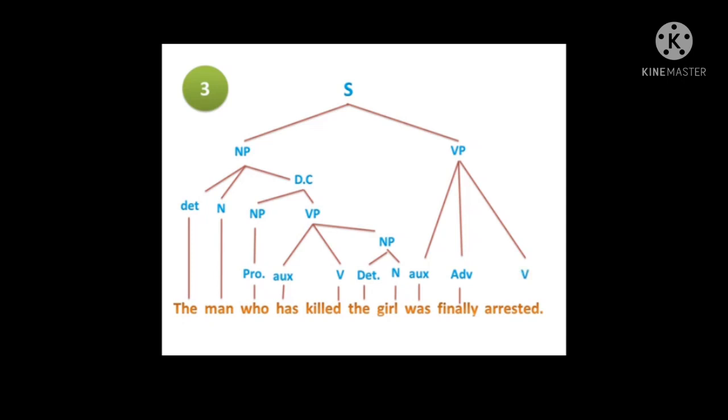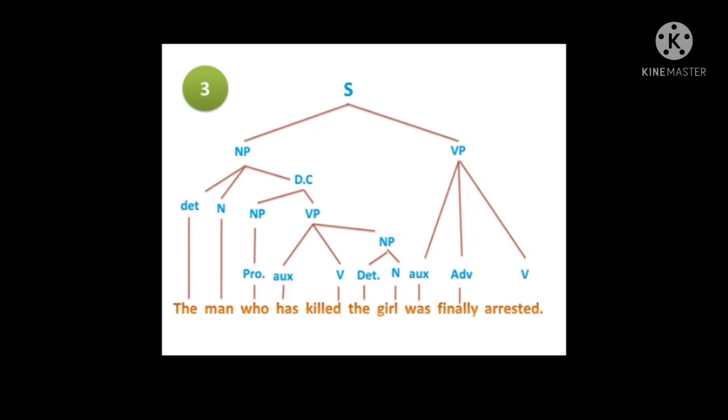And the last sentence: the man who has killed the girl was finally arrested. The sentence here is divided into two parts, namely noun phrase and verb phrase. First, we analyze the noun phrase.